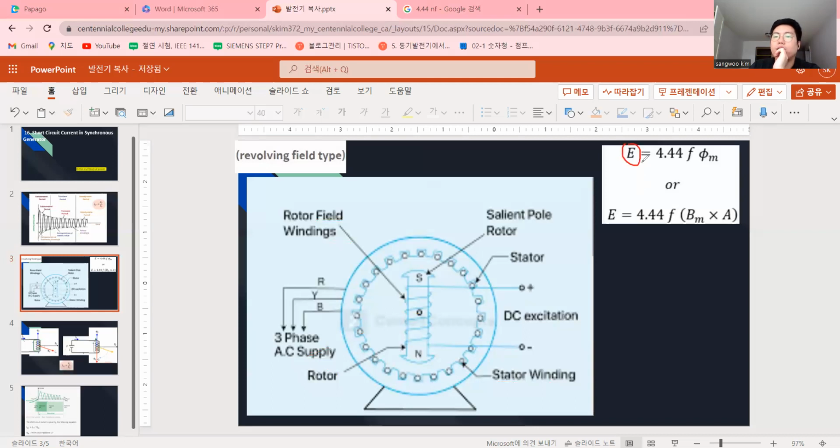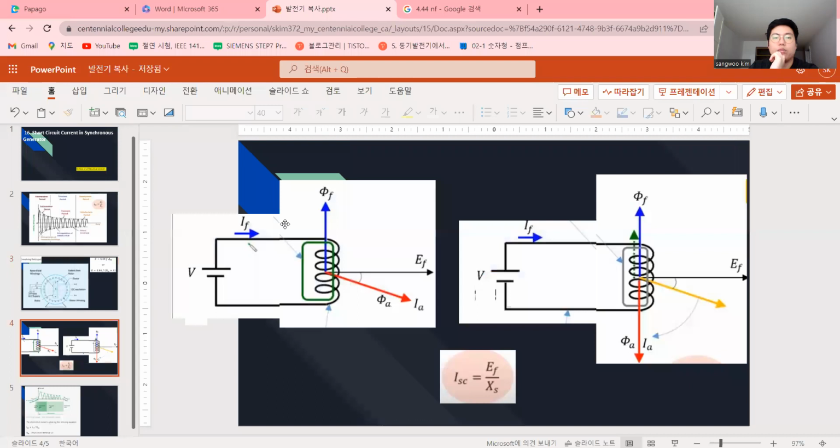And this is the equation for the E's magnitude, the induced voltage, right? So here, guys, in the previous picture we saw the DC excitation. It controls the IF's magnitude.